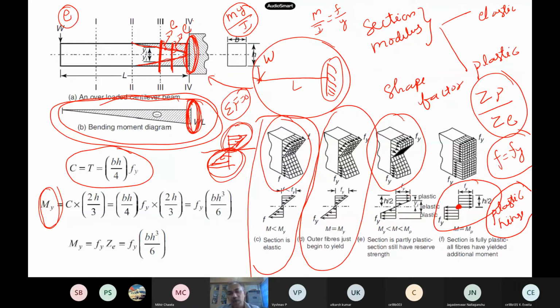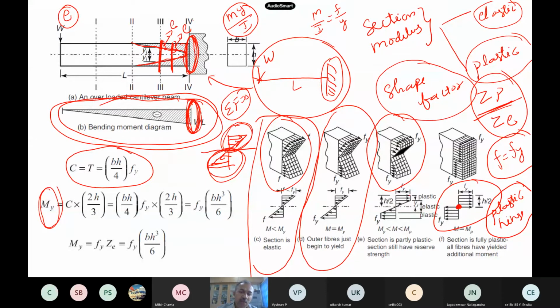Because here we are going for limit state design, we require the elastic section modulus, the plastic section modulus, and then what we call the shape factor, which is the ratio between these two. This shape factor will tell you how much reserve strength, extra strength, your member has. So all these become the design variables.